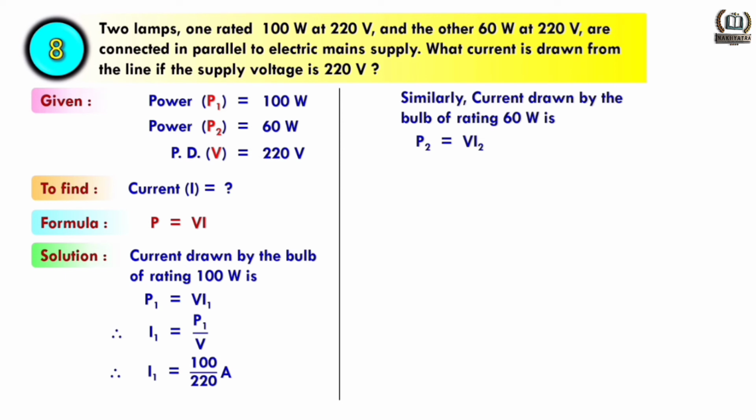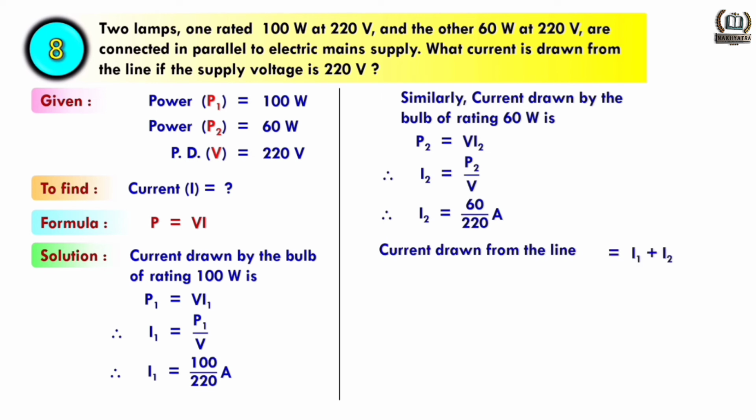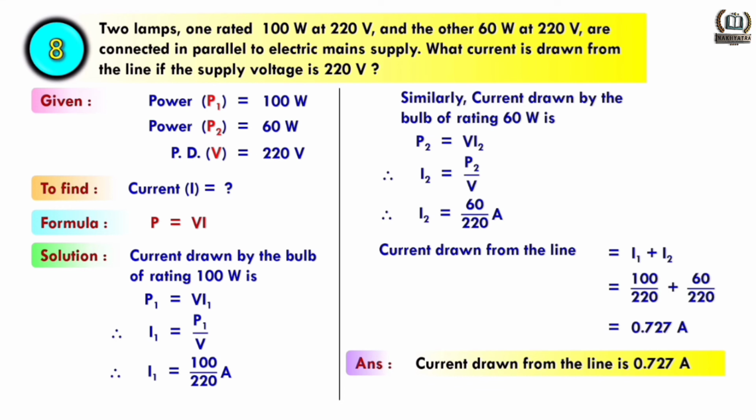Therefore, P2 equal to V into I2, so I2 equal to P2 by V, that is 60 by 220 ampere. Now, the current drawn from the line equal to I1 plus I2. After calculation, we get the current drawn from the line equal to 0.727 ampere. So this is the answer: 0.727 ampere current drawn from the line.